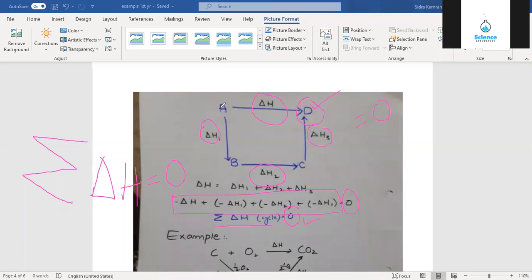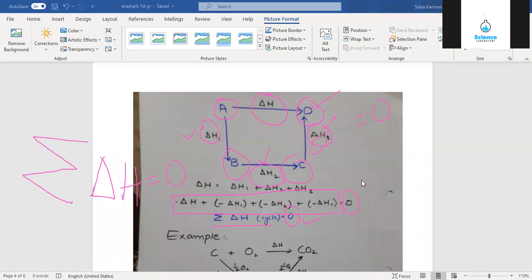You use this method: first make A to B and check the enthalpy change, then B to C, check the enthalpy change, then C to D, check the enthalpy change. The sum of all these enthalpy changes will be equal to the enthalpy change if you form D directly from A.